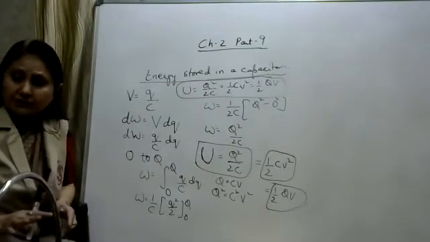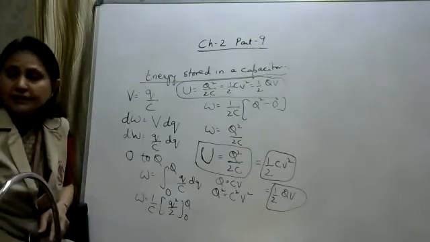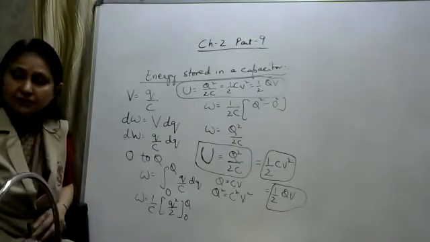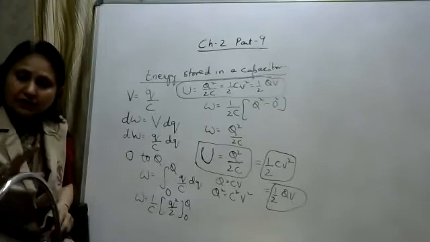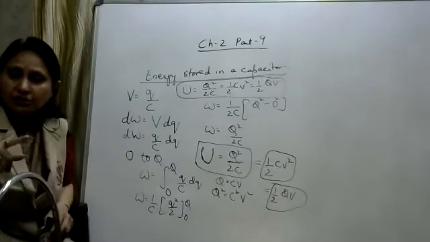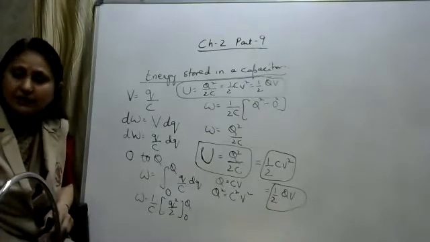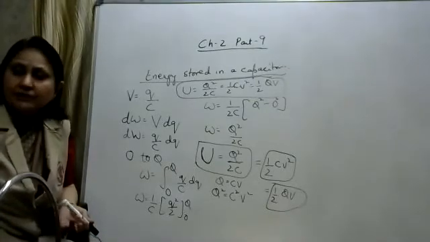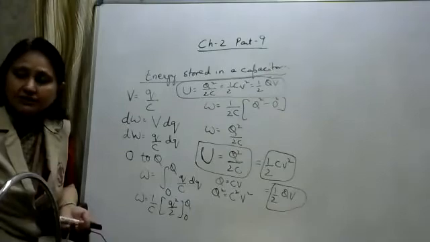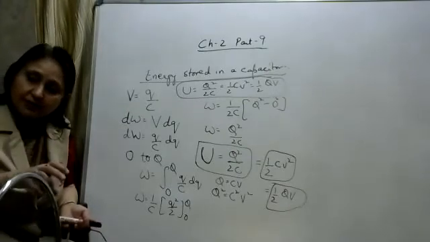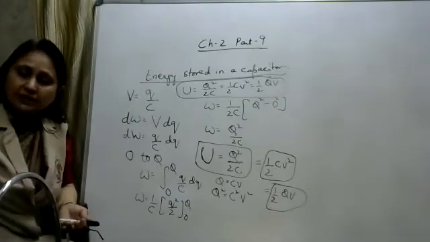Okay, now whether the capacitors are connected in series or in parallel, the total energy stored across the whole combination will be equal to the sum of the energy stored in individual capacitors. Energy is a scalar quantity. There will be some energy stored in the first capacitor, second capacitor.